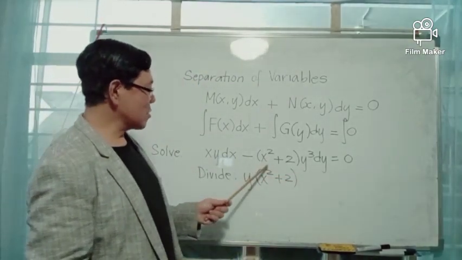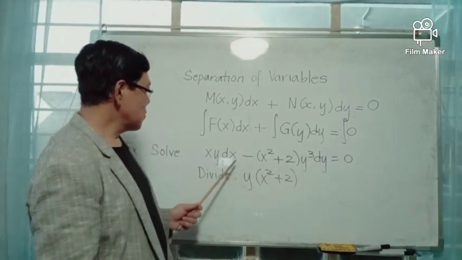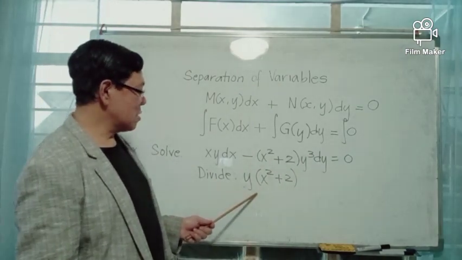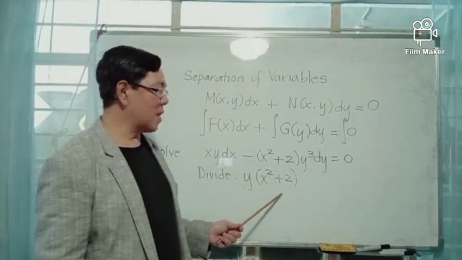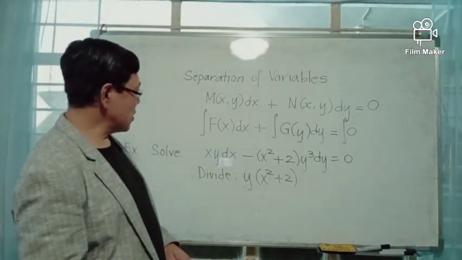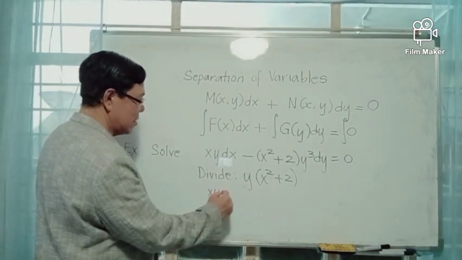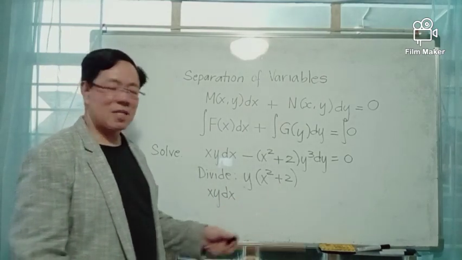To remove x squared plus 2 from the coefficient of the differential of y, we divide each term and the right-hand side of the equation by the product y multiplied by x squared plus 2. And we do that. The first term is xy dx. We divide by y multiplied by x squared plus 2.